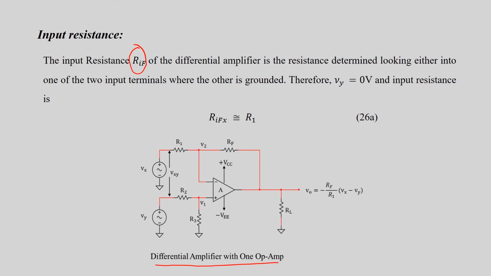Therefore, we can say when Vy is 0, the input resistance RIF becomes nearly equal to R1, and this is clear from this circuit that if we make Vy equal to 0, then its resistance on the X side is nearly R1.